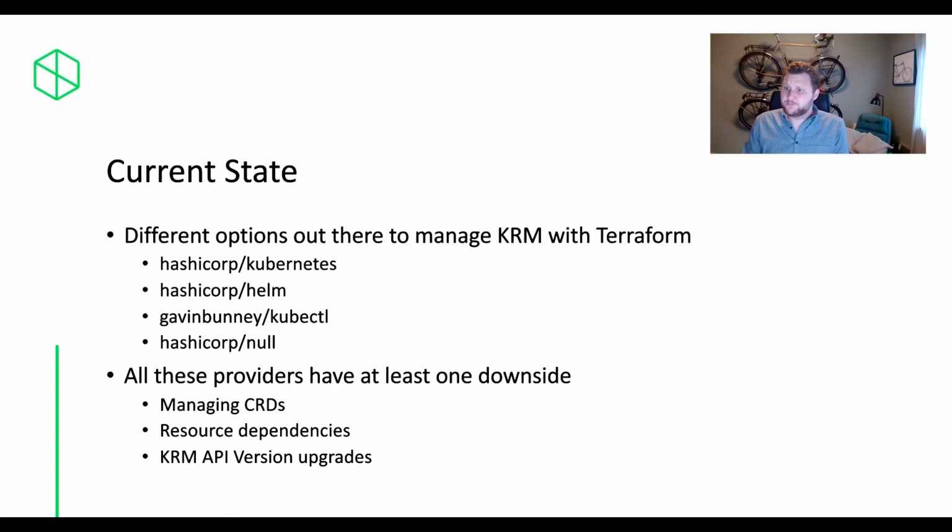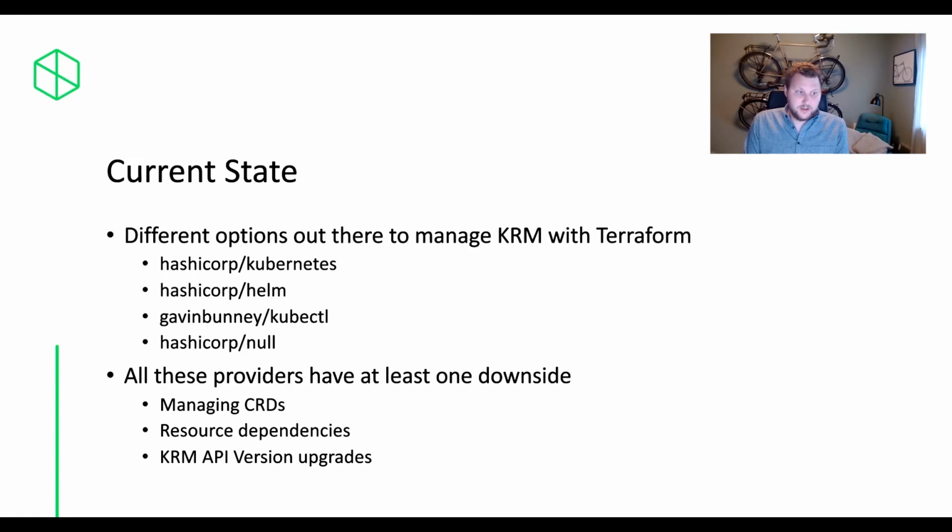I will talk about the most popular ones that I feel are relevant. And then you also have the HashiCorp null provider or the null resource, which is technically a solution that you could use, but is nothing that I would recommend people to do, to basically shell out and have Terraform run a shell script for you. So we will not be focusing on that, even though it's an option.